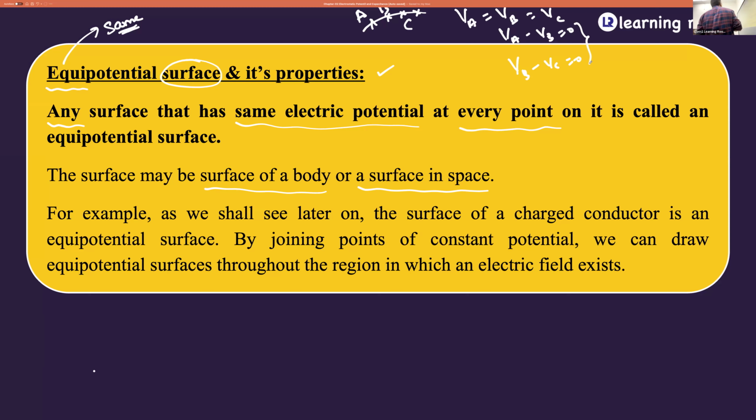So what can you conclude from this? Either the potential at every point on that surface is the same, or the potential difference between any 2 points is always 0. So there are 2 ways to define it: a surface which has the same potential, or a surface which has a 0 potential difference.